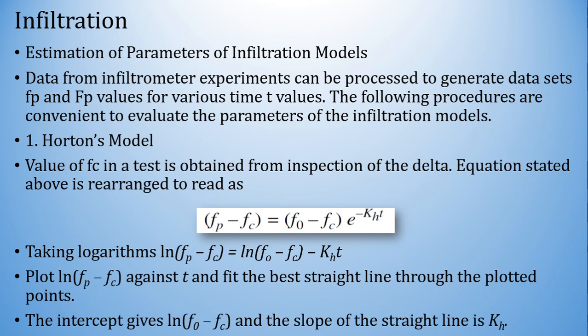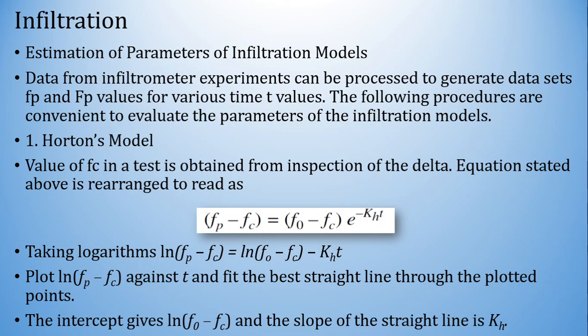Estimation of parameters of infiltration models. Data from infiltrometer experiments can be processed to generate data sets of f_p and capital F_p values for various time t values. The following procedures are convenient to evaluate parameters of infiltration models. For Horton's model, the value of f_c in a test is obtained from inspection of the data. The equation stated above is rearranged to read (f_p minus f_c) equal to (f_0 minus f_c) e raised to minus k_h t.